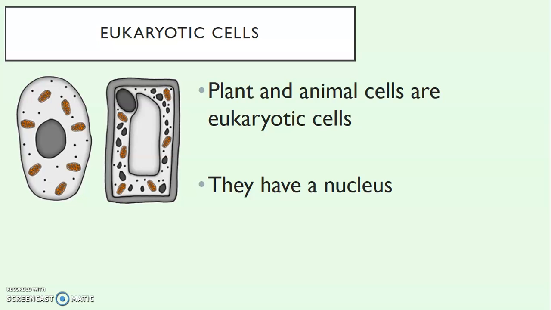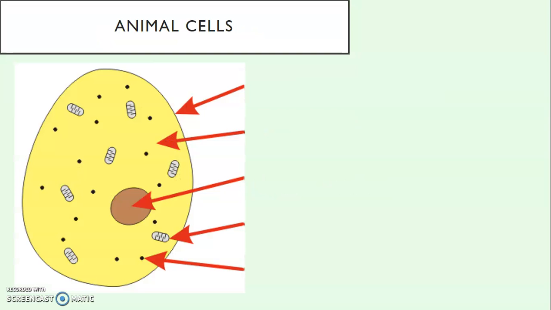For animal cells, you need to know the 5 organelles that are found in an animal cell, and you need to know what they do. The 5 structures are the cell membrane, which is the outside layer of the cell. It keeps it all in and controls what can go in and out.